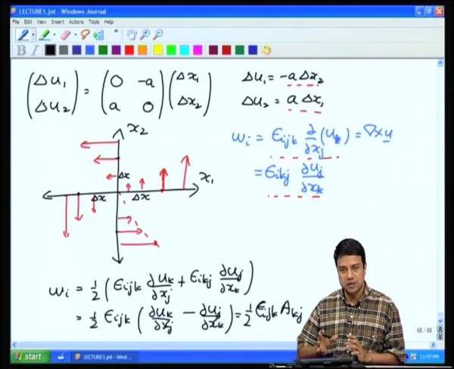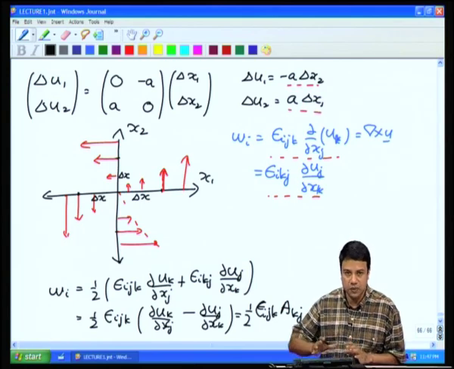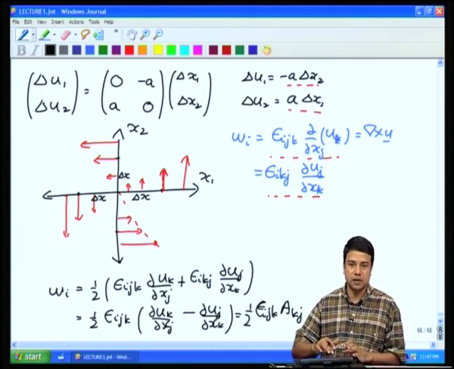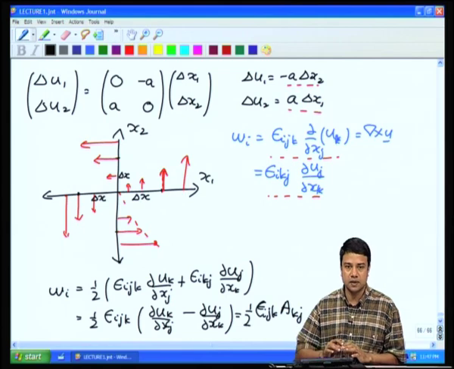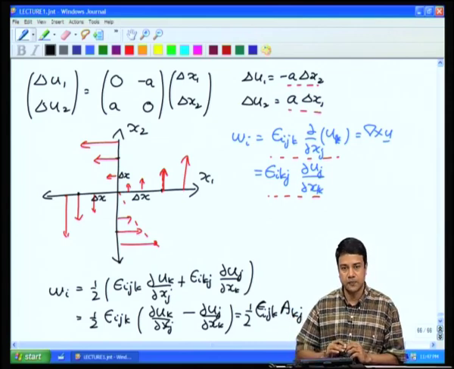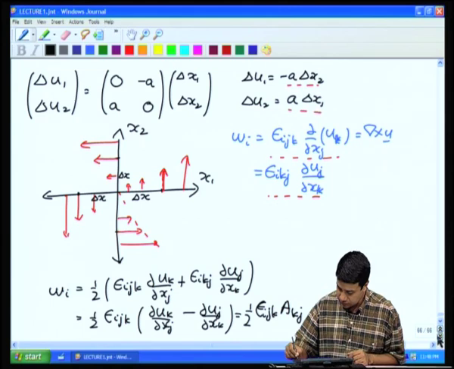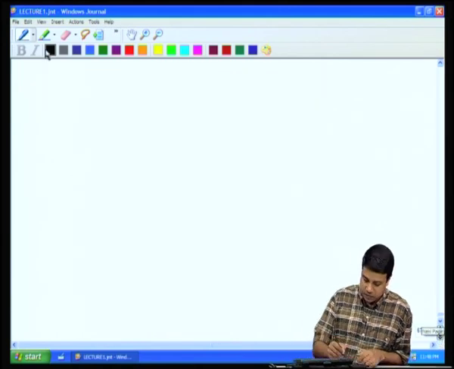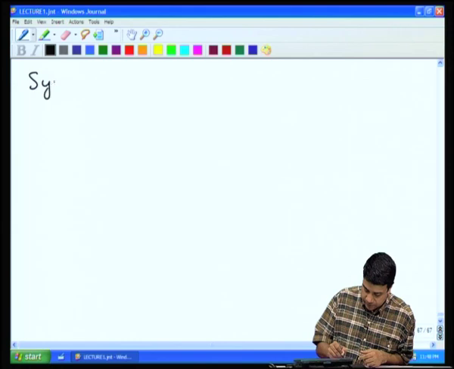It represents solid body rotation about this center point, about the origin of this coordinate system. Tells you how nearby points are rotating around the location at which you are sitting. It is related to the vorticity, the curl of the velocity at that point. The antisymmetric part of the rate of deformation tensor can be written directly in terms of the curl of the velocity. The third part is the symmetric traceless.